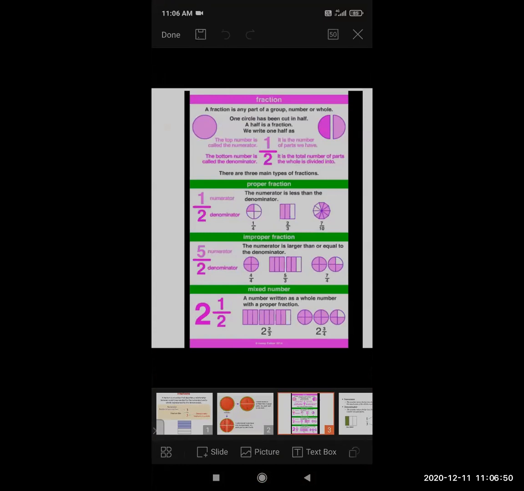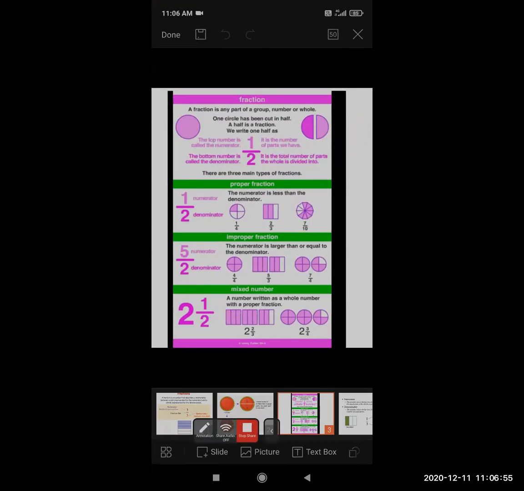Proper fraction means the top number we call the numerator, and the downside number we call the denominator. In the proper fraction, keep it in mind, numerator is always small and denominator is always big.